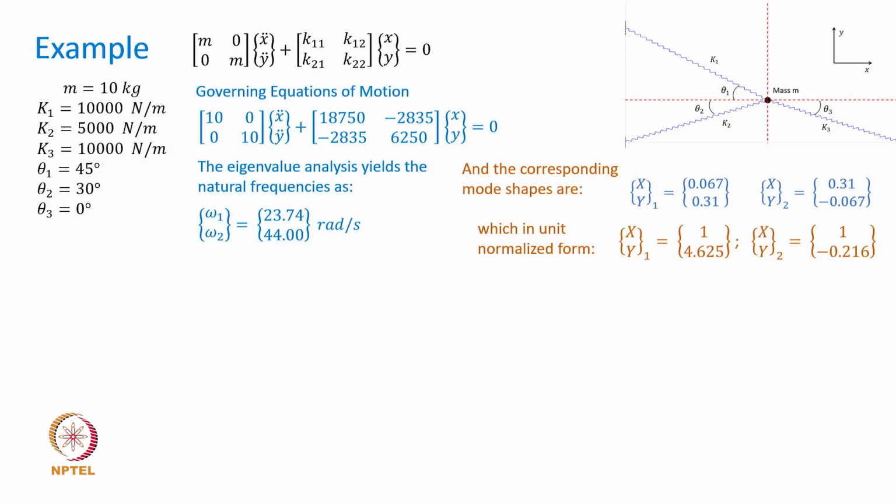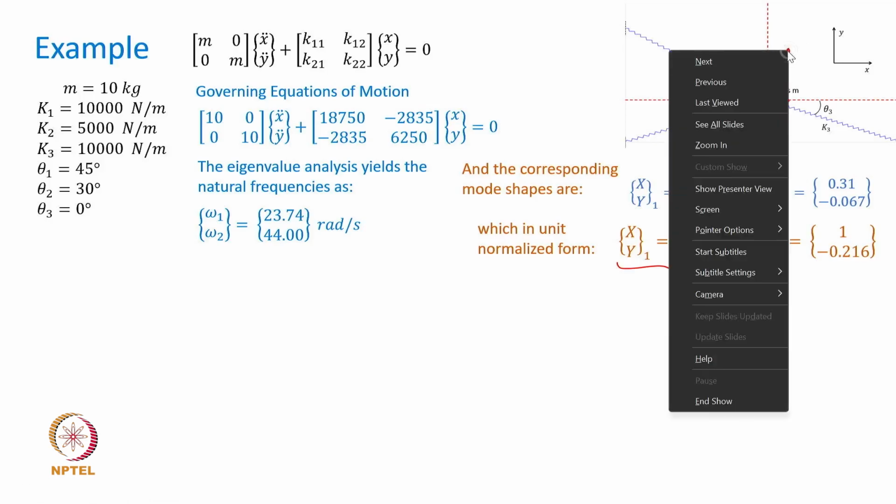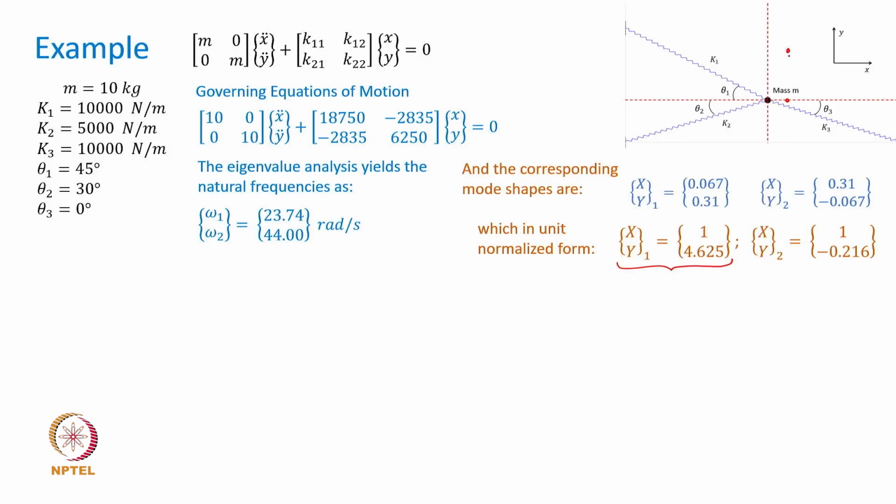We already know that if we perturb it initially by keeping the initial displacements x and y at t equal to 0 in this ratio, that means x has a displacement of 1 unit and y a displacement of, let us say, 4.6 units, something like this.